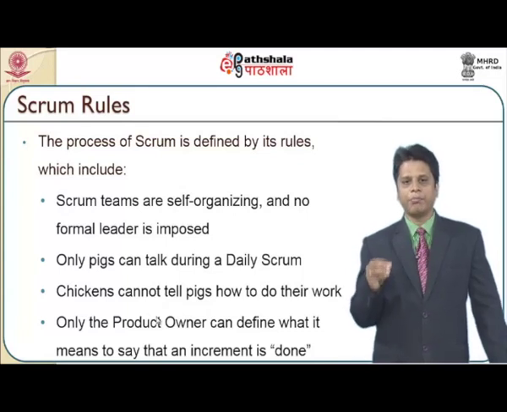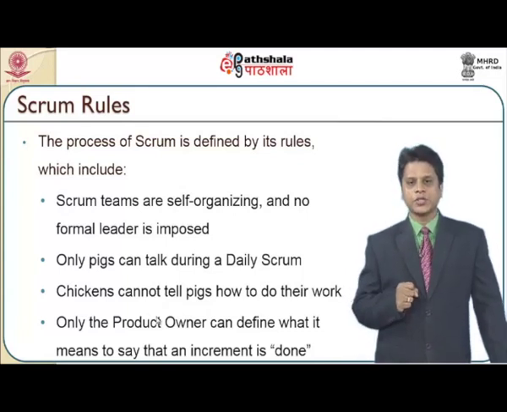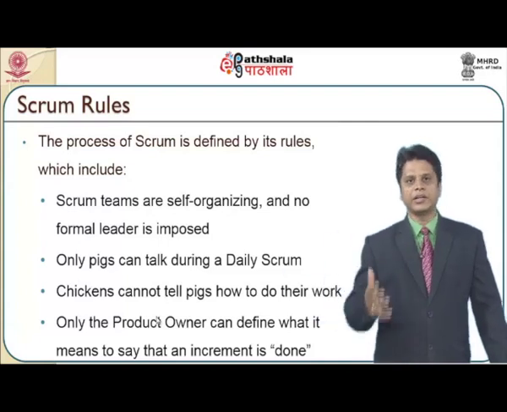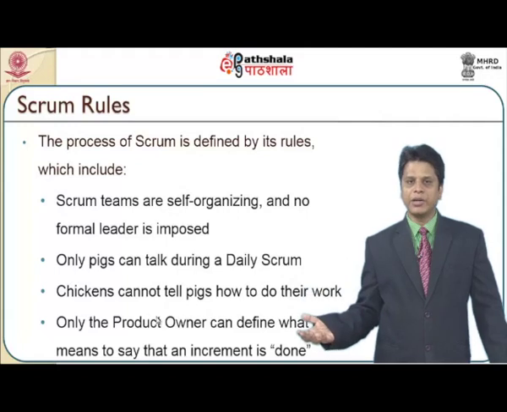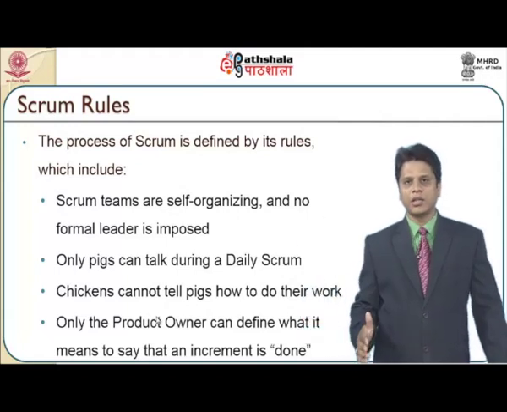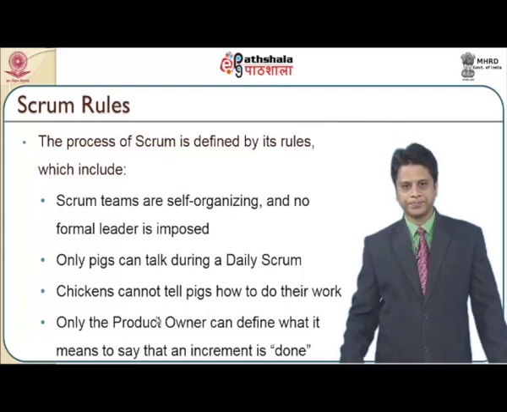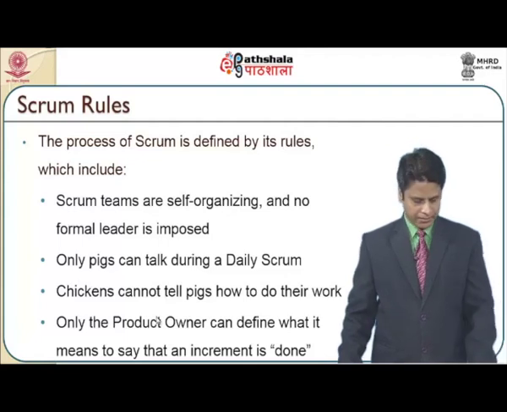Chickens cannot tell pigs how to do their work. So the Scrum Master can just motivate the other members in the team, making them talk, not that the Scrum Master alone will give ideas. Only the product owner can define what it means to say that the increment is done.